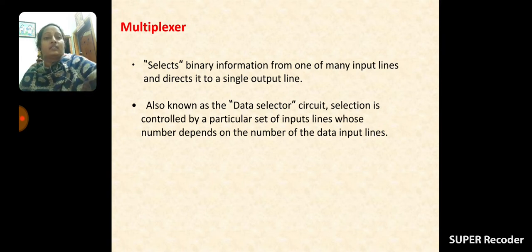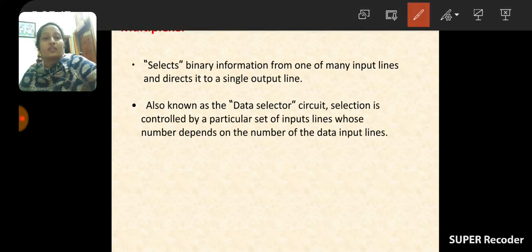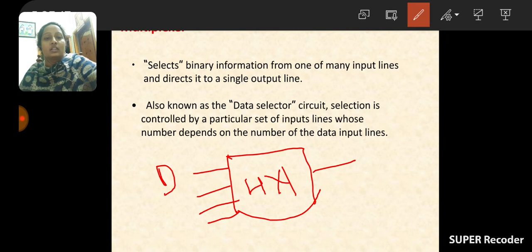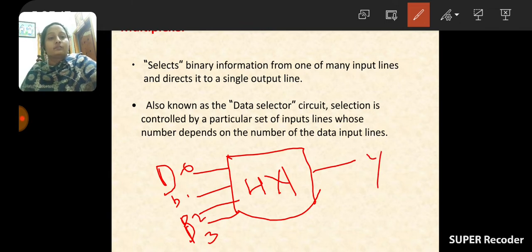For example, this is the symbol diagram. This multiplexer is called a 4 by 1 multiplexer. These are the inputs, D0 up to D3, and this is the output line Y. It will select the binary information from one of many input lines.